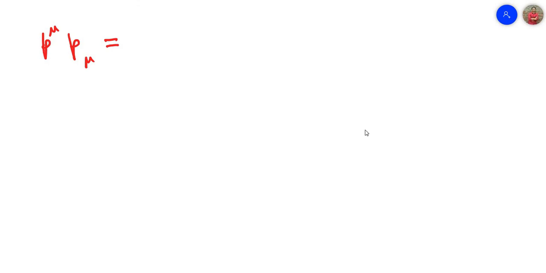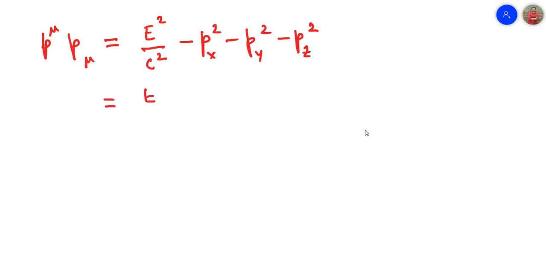I'd just like to end by stating one obvious thing. It is the inner product of the energy momentum four vector with itself. And as we have just seen, it is explicitly written as E squared divided by c squared minus px squared minus py squared minus pz squared. And this I can write simply as E squared by c squared minus the three-vector p whole squared.